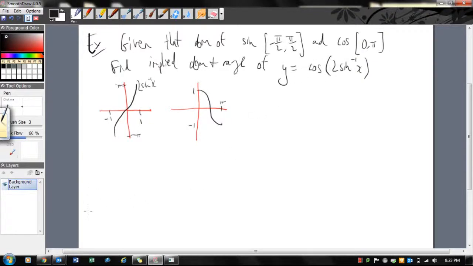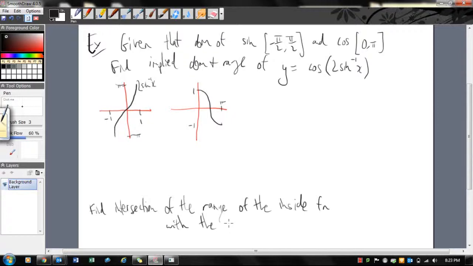Just to put down here, with these types of questions, you need to find the intersection of the range of the inside function with the domain of the outside function.